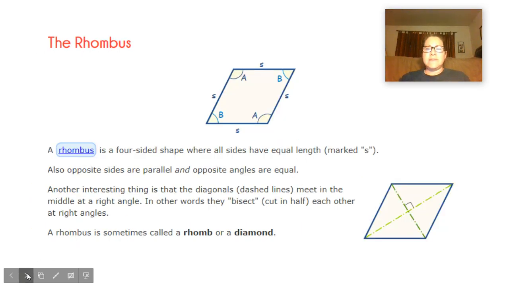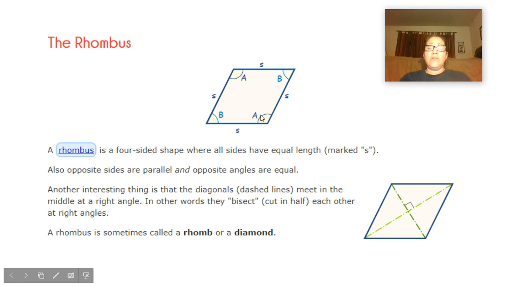A rhombus. The rhombus to me looks like a square that has been squished or sat on or blown over by a big giant wind. The rhombus is a four-sided shape and all of the sides are equal in length. Okay? The difference between the square and the rhombus is the rhombus does not have four right angles.